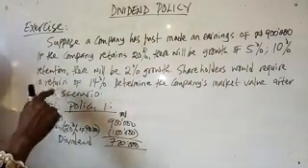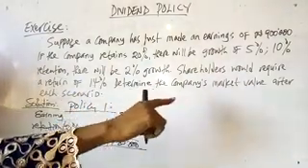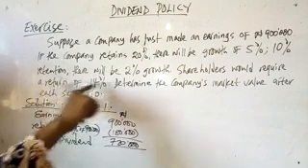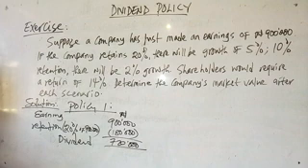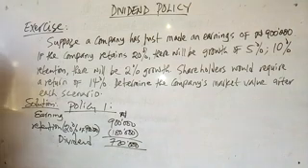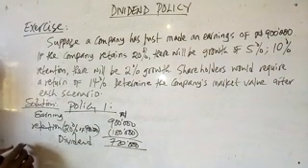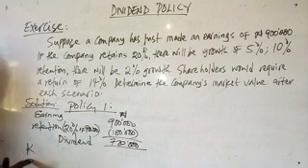So we are given the return required by shareholders to be 14%. And the formula for calculating market value: if you flash back to some of the videos I've done in the past where I talked about cost of capital, I gave the formula for cost of equity.